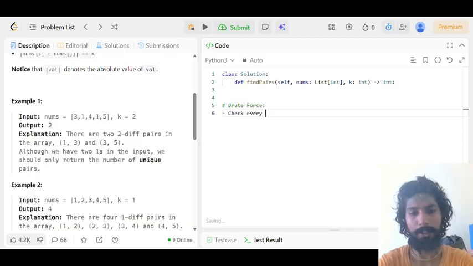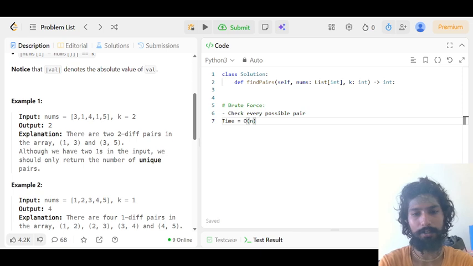Check every possible pair. Time will be O of n squared.